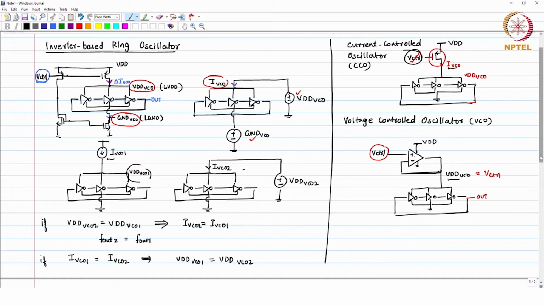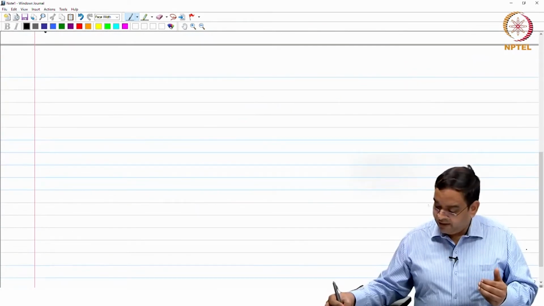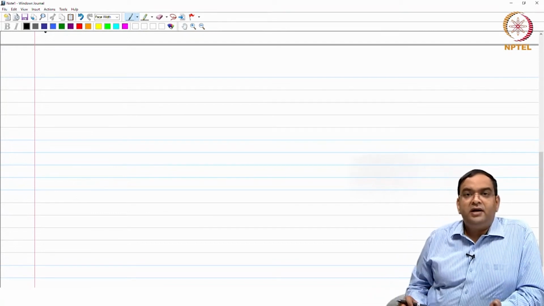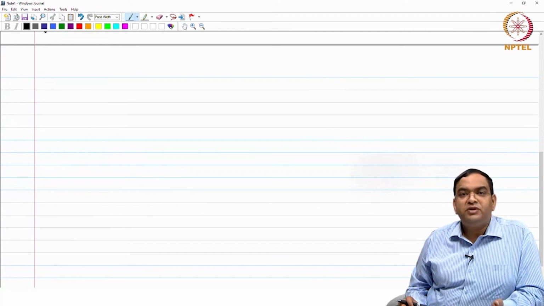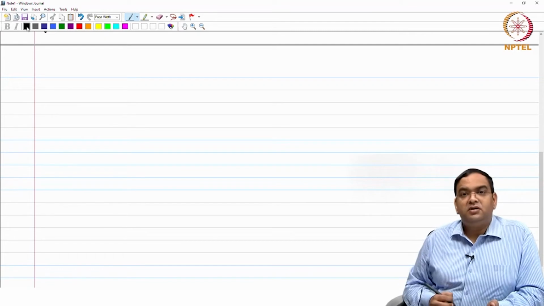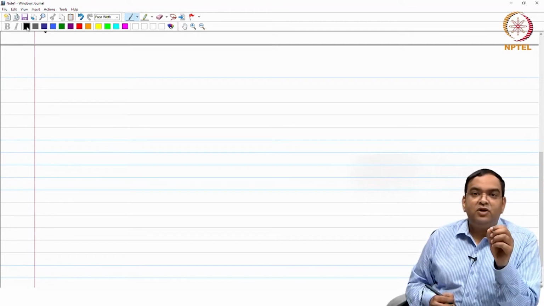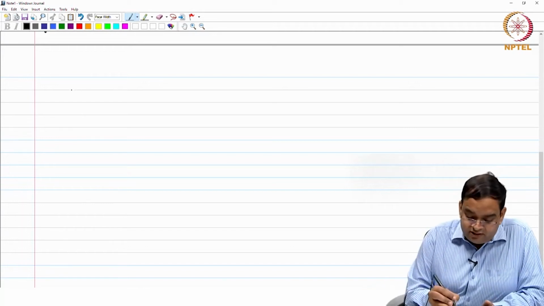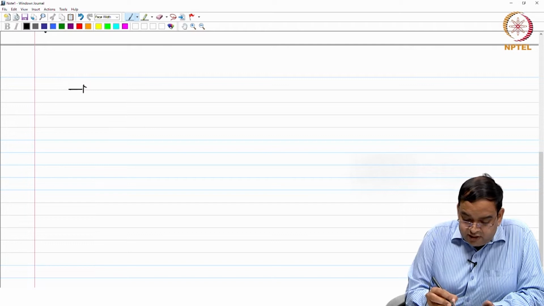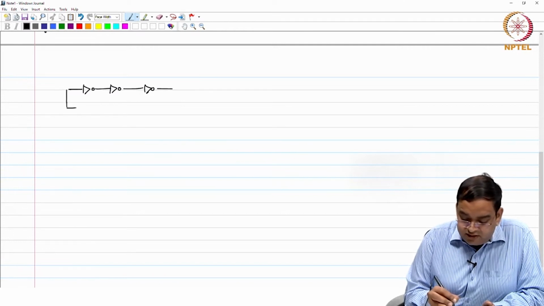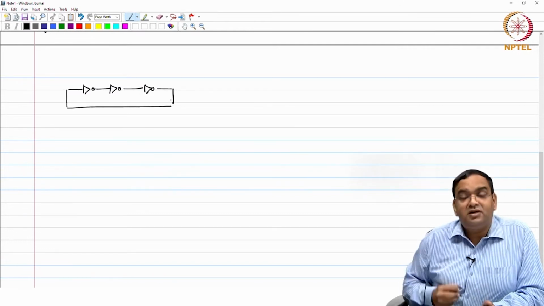Okay. Now, what we have seen so far is the inverter based oscillator, and in order to control the frequency of the inverter, we ended up controlling the supply voltage or the current of the oscillator. One interesting thing here is that there are two things which we do not understand so far from our basic stuff.